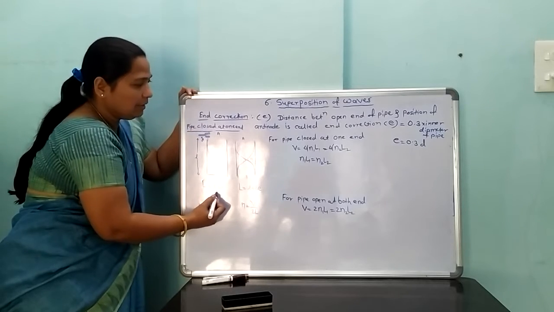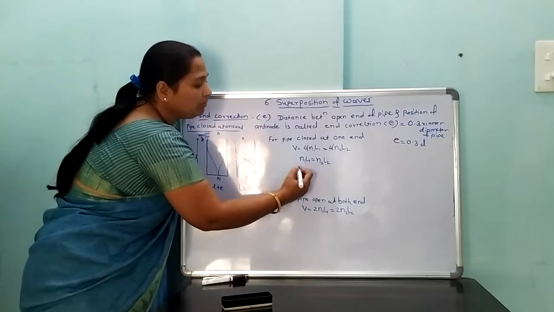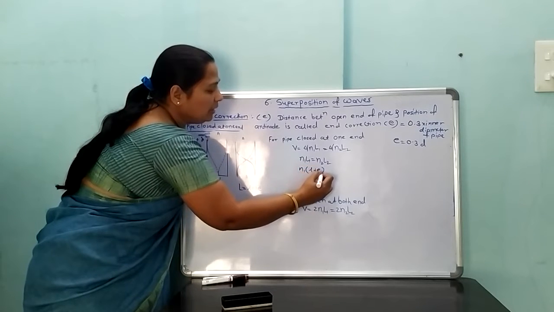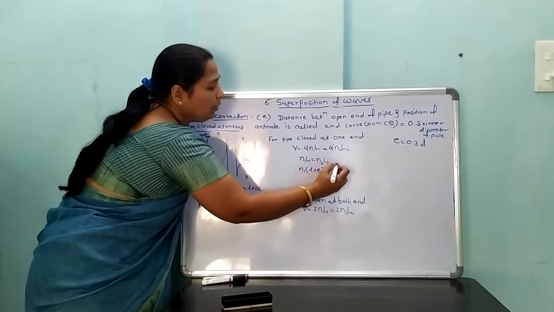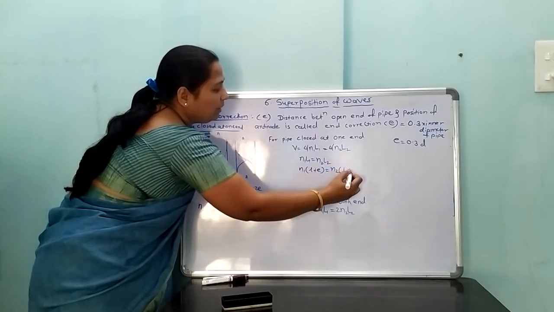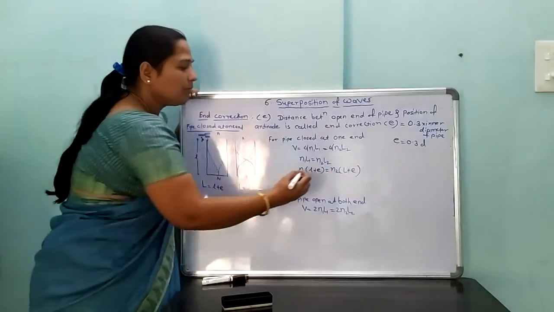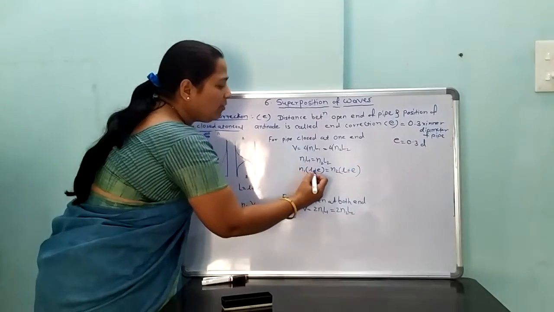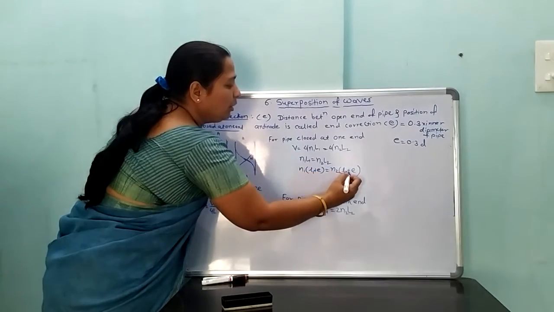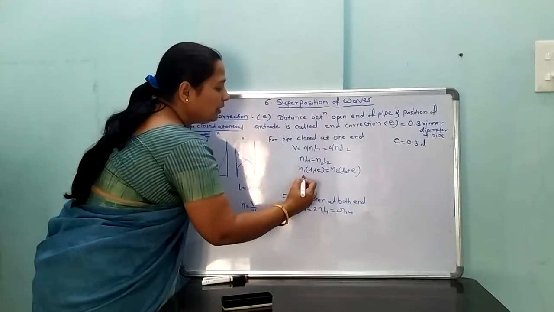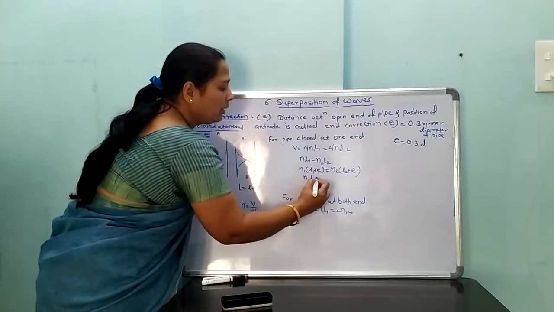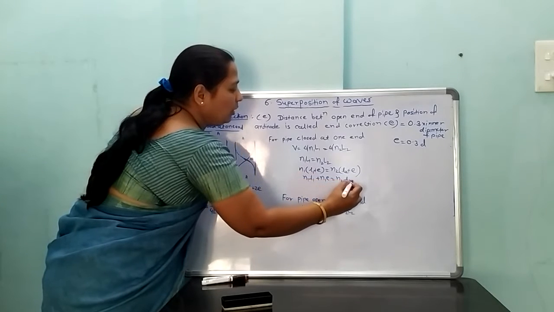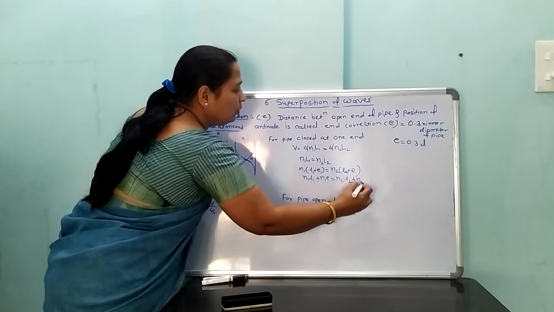Therefore, L plus E. Substituting into that equation: N1 in bracket L1 plus E is equal to N2 in bracket L2 plus E. Here the vibrating lengths L1 and L2 are considered. N1L1 plus N1E is equal to N2L2 plus N2E.